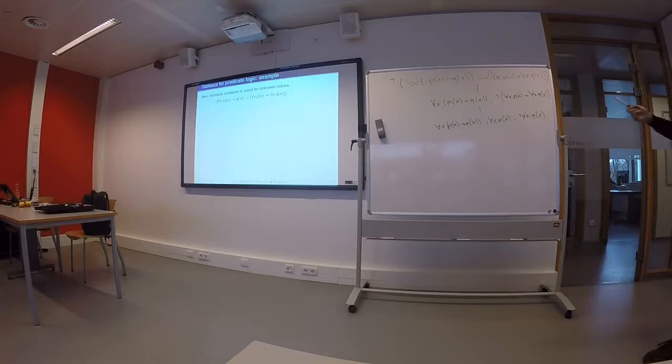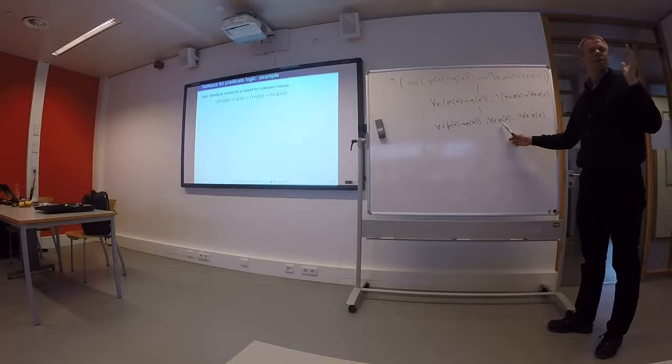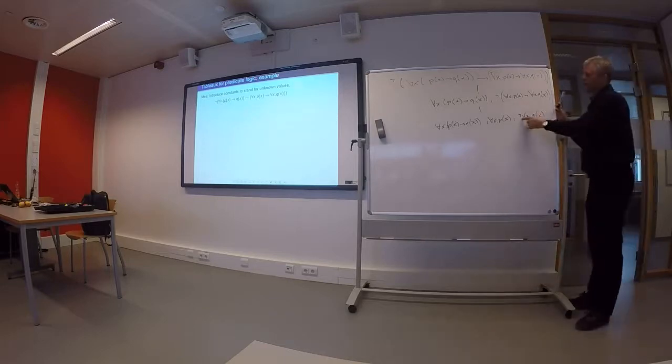The fact that for all x px means that there is some individual for which px holds. Or I can also look at this formula and say the fact that not for all x qx must mean that there is at least one individual for which qx does not hold.